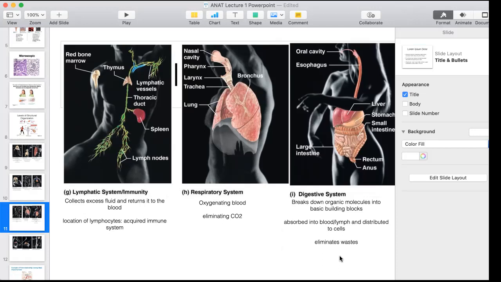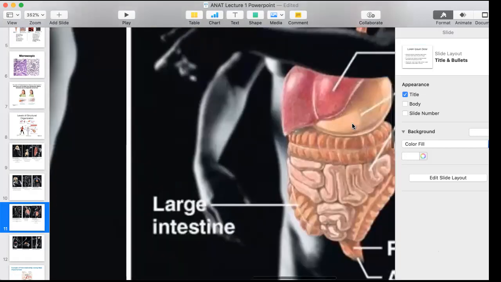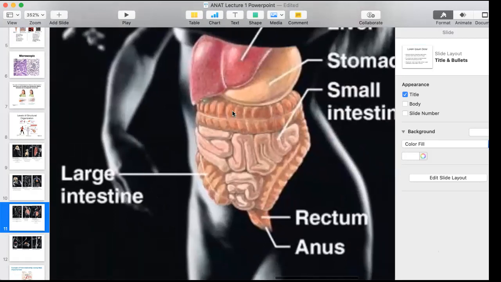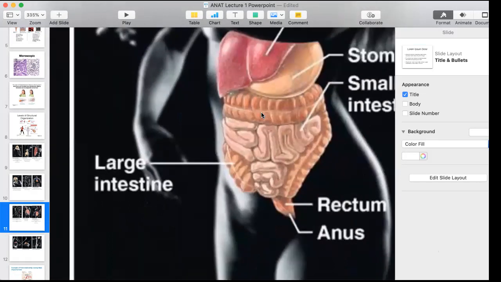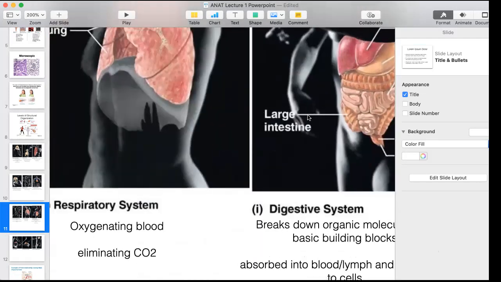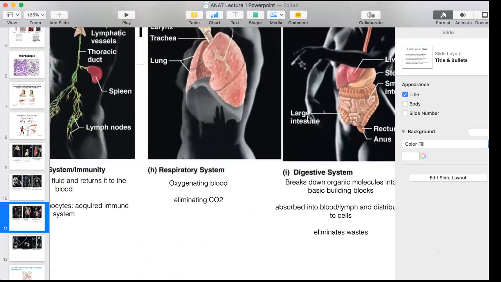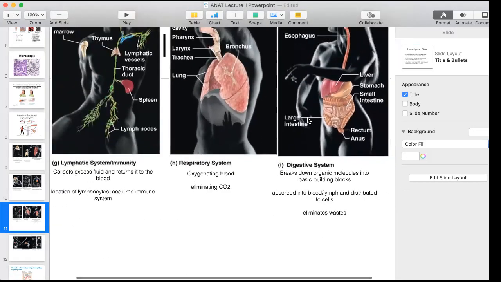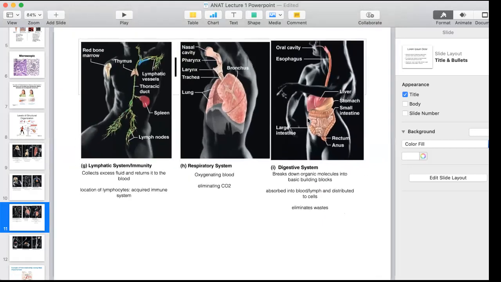The large intestine works by squeezing. It has these individual compartments called haustra. Each haustra basically massages the waste through the large intestine, and the more bulk there is, the easier it is to massage it.